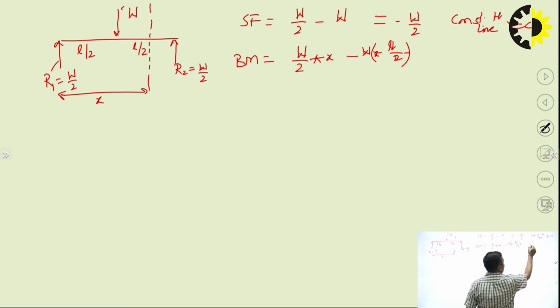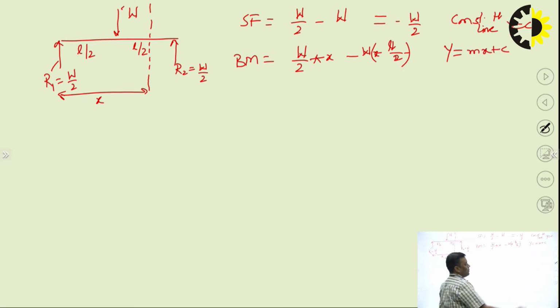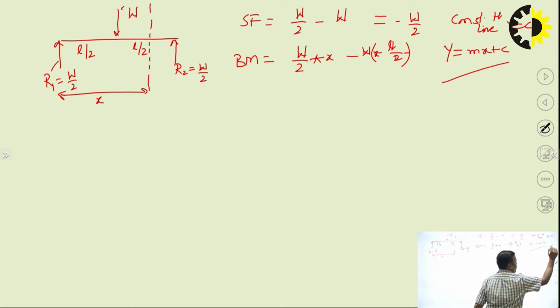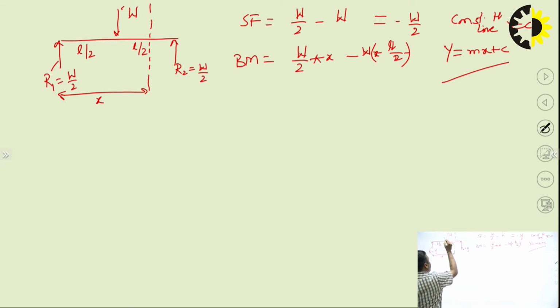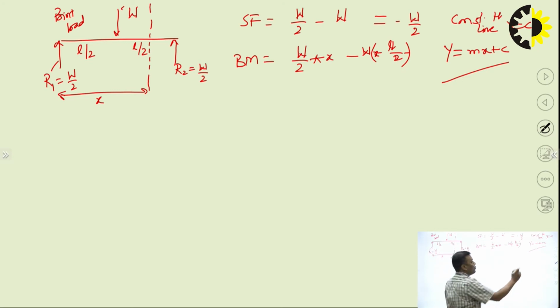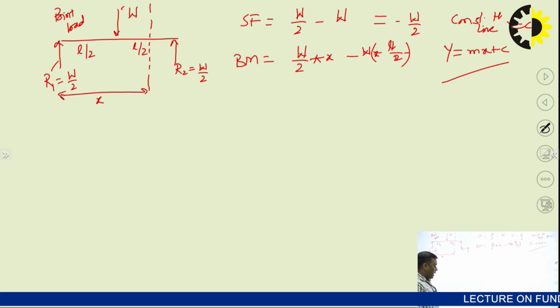The bending moment equation is of the form y equal to mx plus c, so this will be an inclined line equation. So if a section of beam has only point loads, the shear force diagram will be a constant line and the bending moment diagram will be an inclined line.